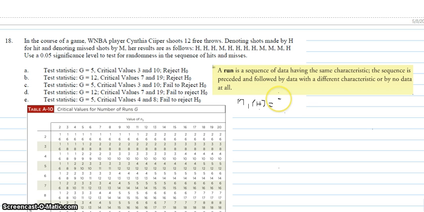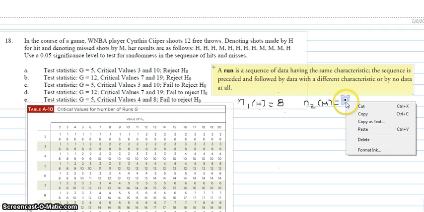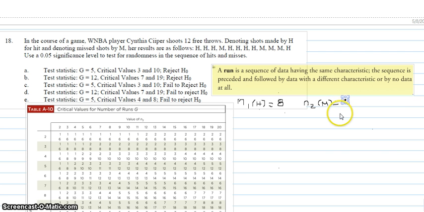So we have 8. And our N2, which will be our misses, we have 1, 2, 3, 4. So our N2 is 4.